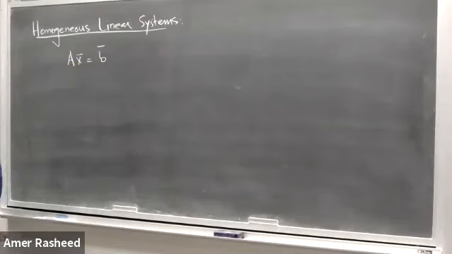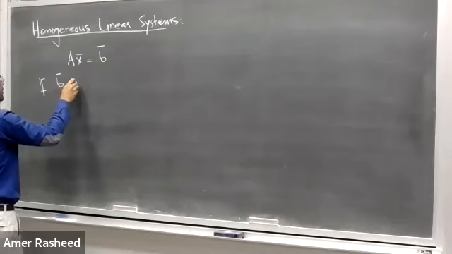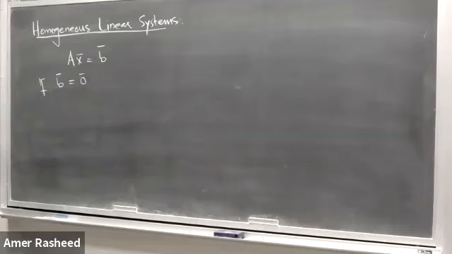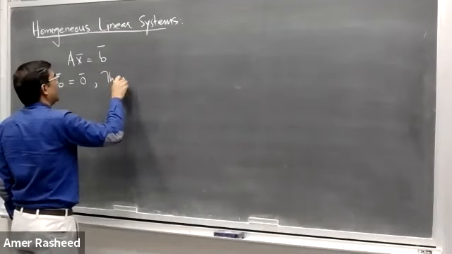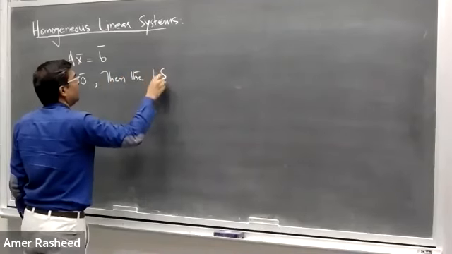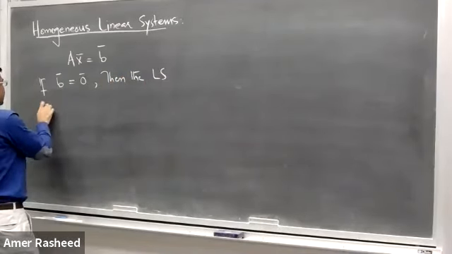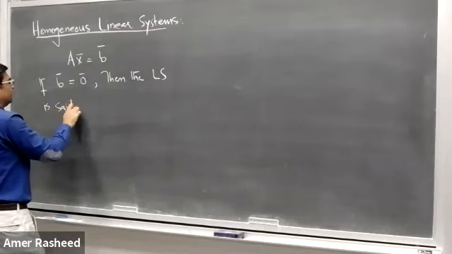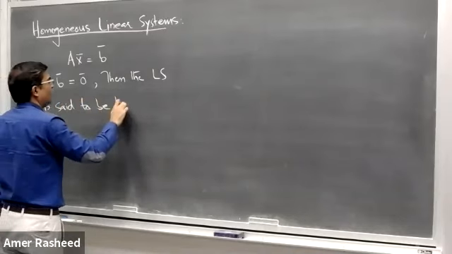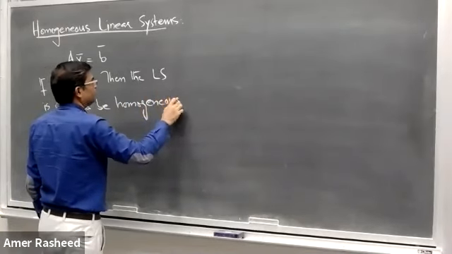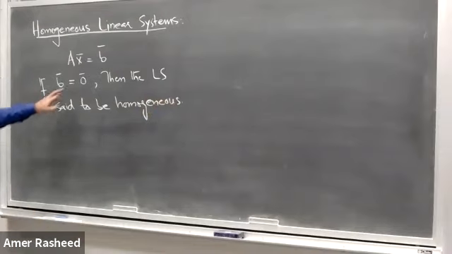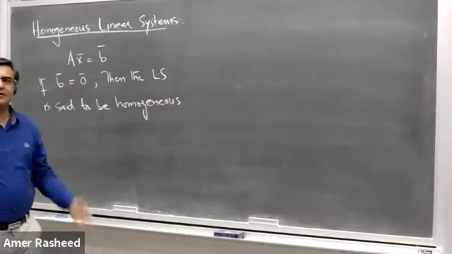This is the general non-homogeneous linear system, whereas if the right-hand side vector contains all entries zero, then the linear system is said to be a homogeneous linear system. If B is non-zero, then it is called a non-homogeneous linear system.